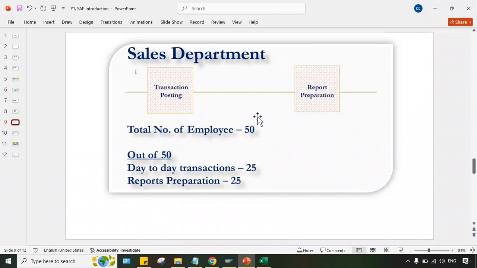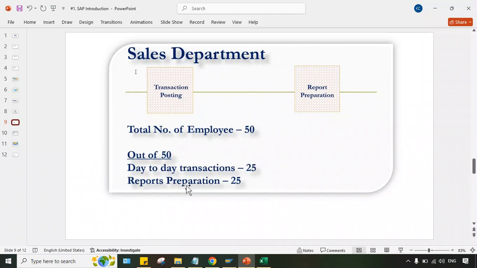So now look here. Earlier, a total of 50 employees were managing the sales department, and when Tata Motors started using the ERP, only 25 people are able to handle the entire sales department.